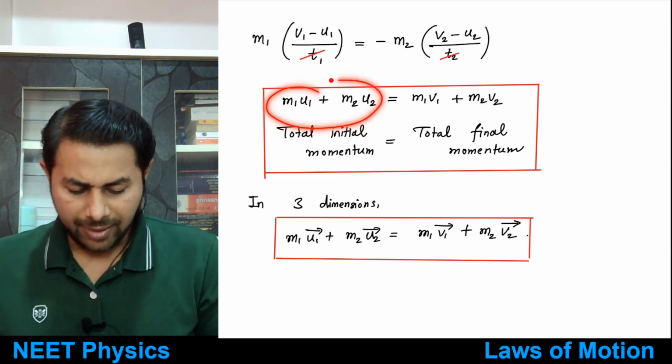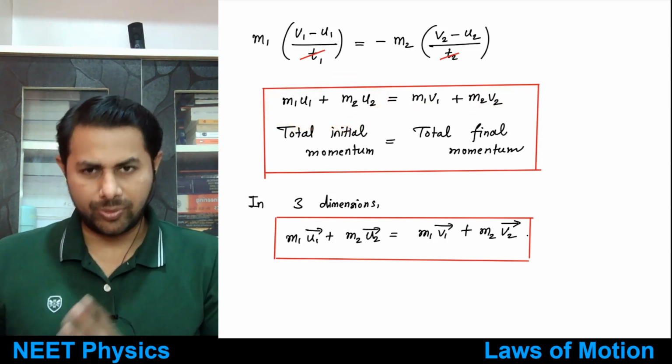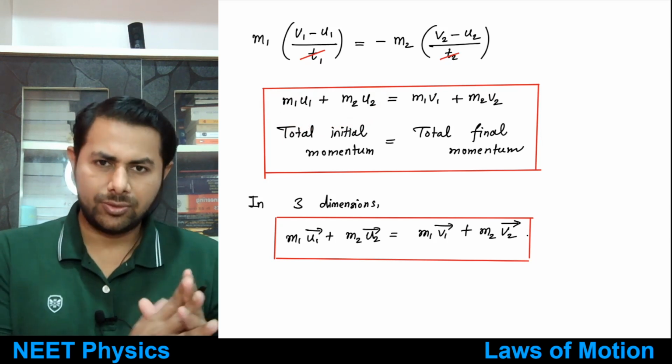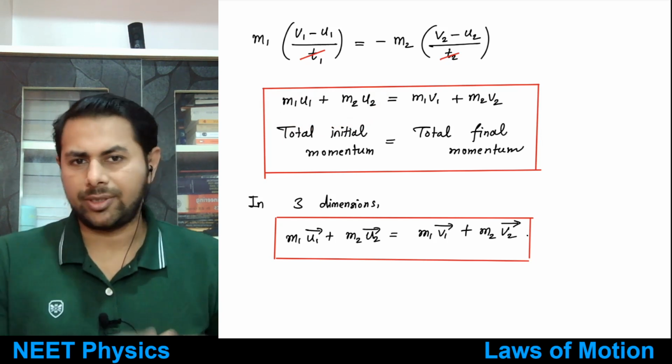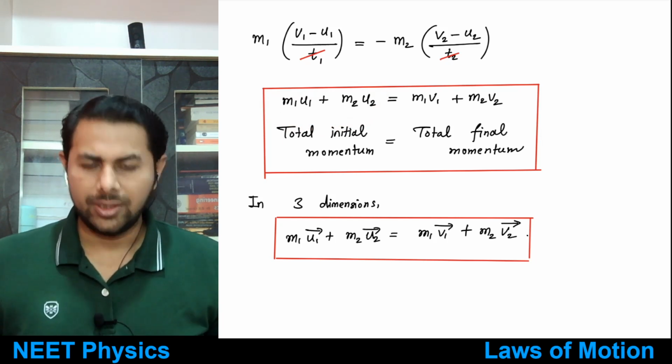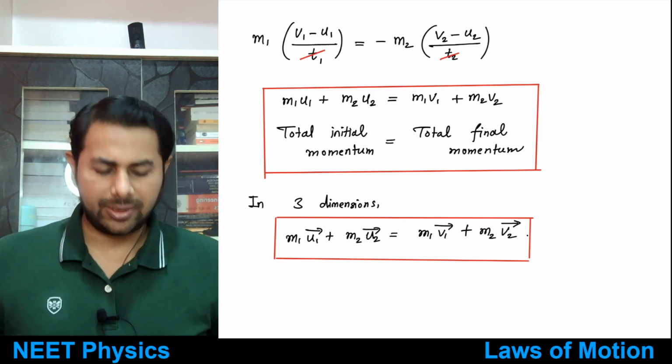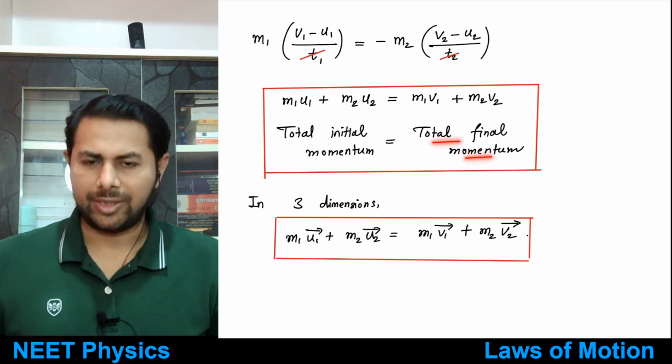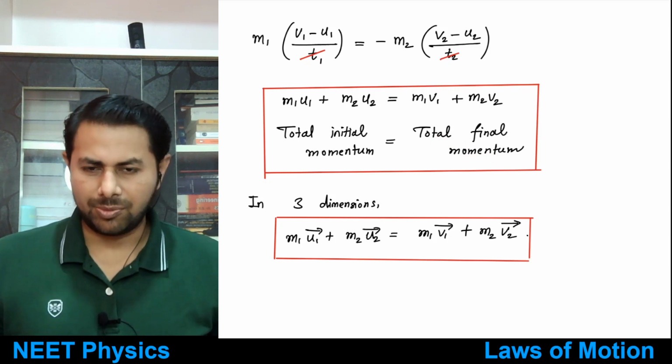So if you add up the momenta of the two balls before collision, it is equal to the momenta of the two balls after collision. Total initial momentum is equal to total final momentum.